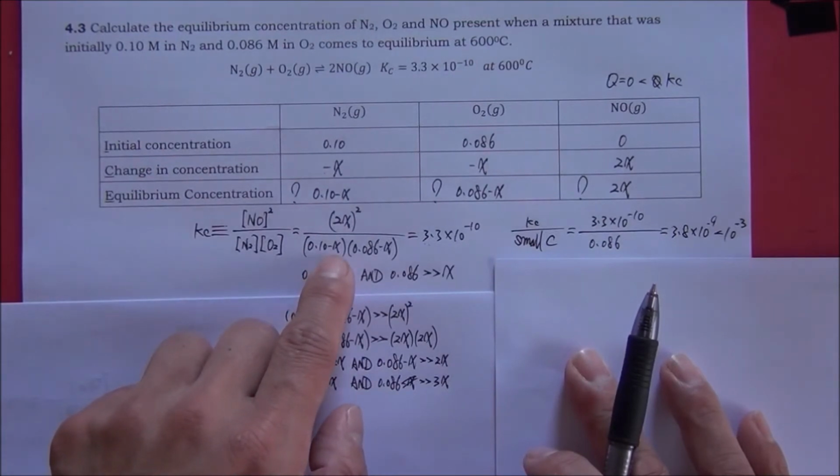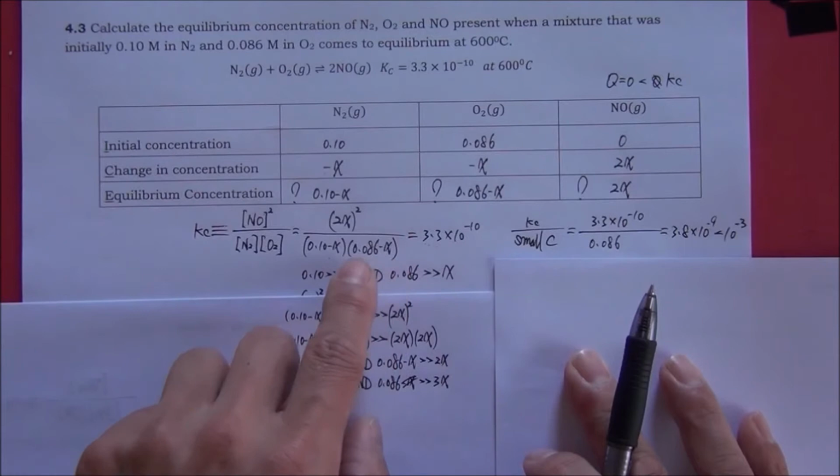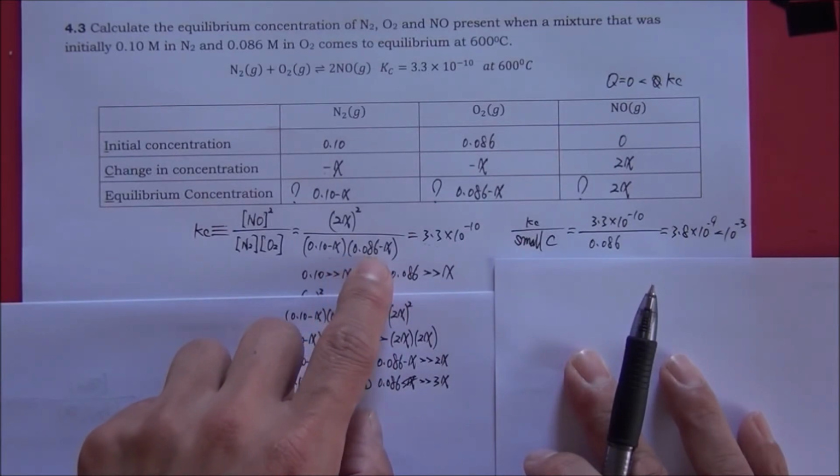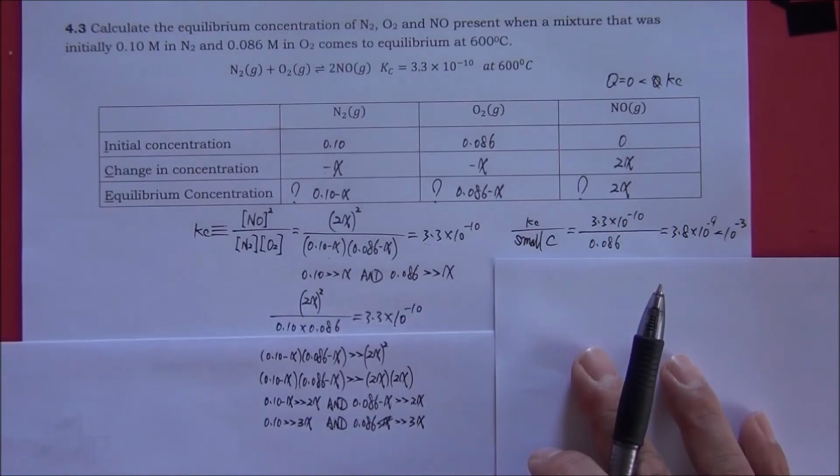If x is much smaller than 0.10 and x is much smaller than 0.086, we can simplify this equation to this form.